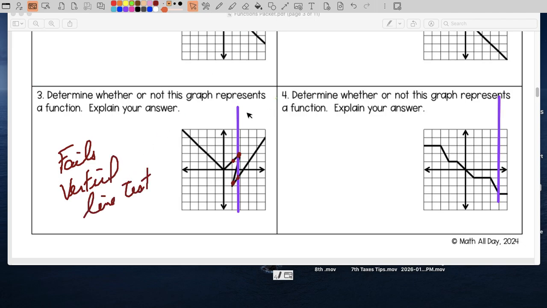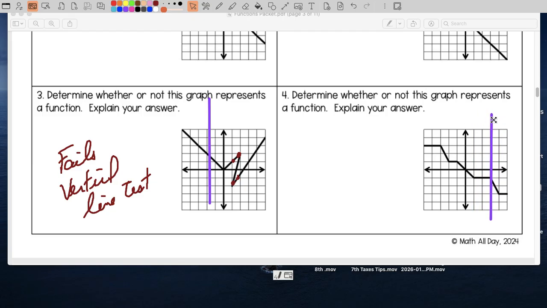Let's move to this one. Good, good. As I move the vertical line across the graph here, does it touch? We're not counting the x and y axes, just that line there, that function.